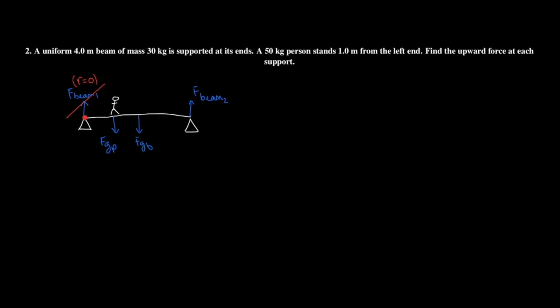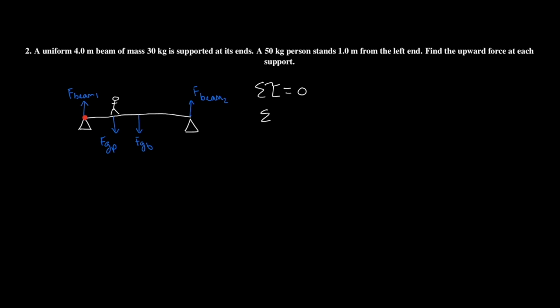So let's do that. Let's choose that left beam as our axis of rotation. We know that because we are in equilibrium, the sum of our torques is going to be equal to 0.